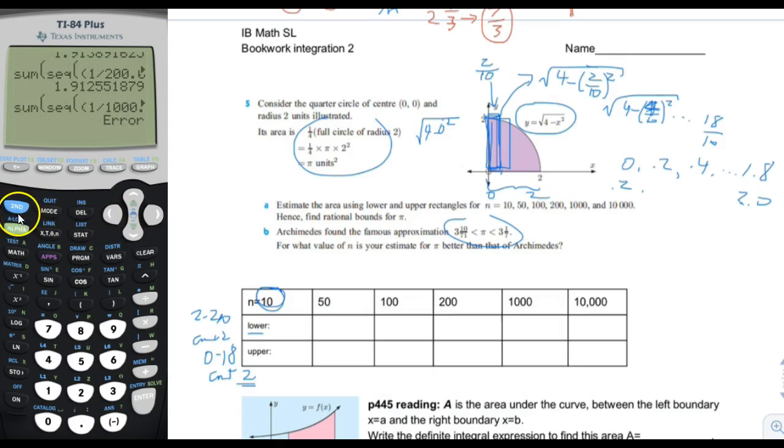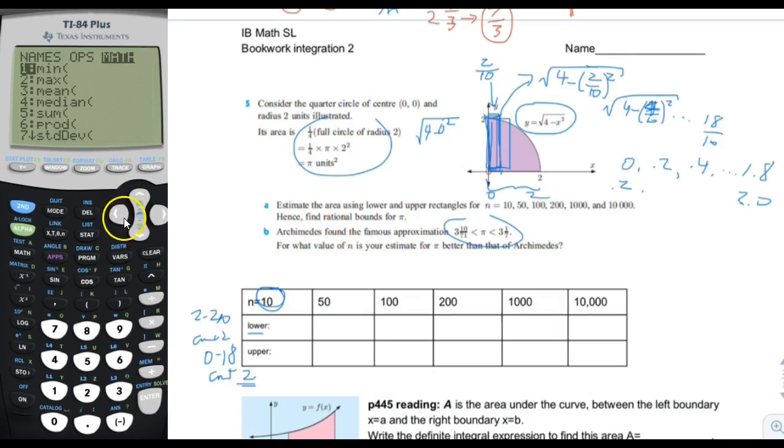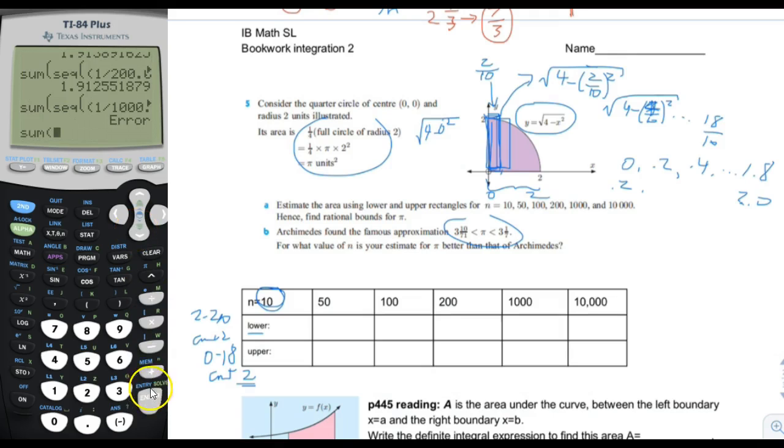So we're going to put in the sum, the sequence. Oops, I don't know how I do that. Okay, and so we're going to do the width, which is 2/10, and then the formula is 4 minus (x divided by 10) squared, and we're going to count by 2's.